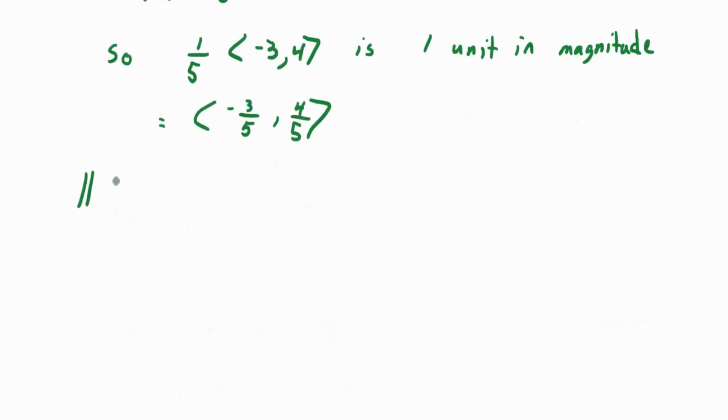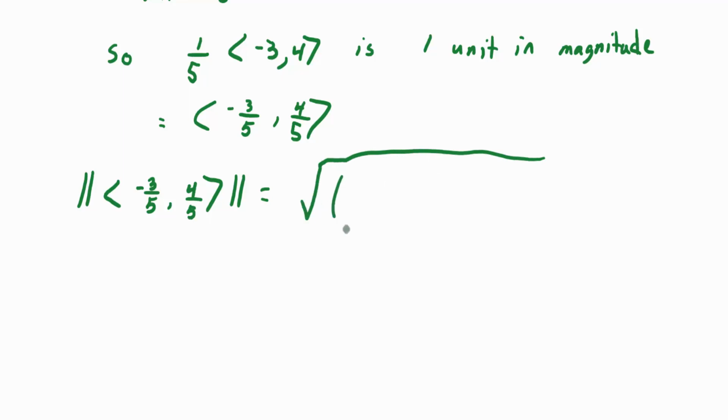The magnitude of this vector, -3/5, 4/5. How do you take the magnitude of this vector? It's the square root of what? Okay, what's a? So -3 over 5. Square that underneath the radical, and add that to something else squared, 4 over 5. And what do you get when you square those?